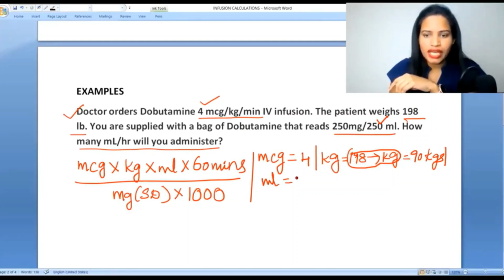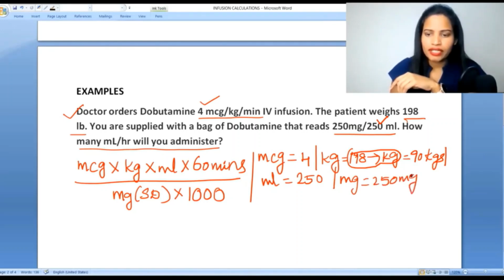Ml is 250, and down to this we have mg. What is the mg that they have given? Again 250 mg. And finally 1000 will be the same. Now let us put this into the formula application. That is the second step. What is the third step, which is to apply this into your formula. What is the mcg? 4 into how many kgs?